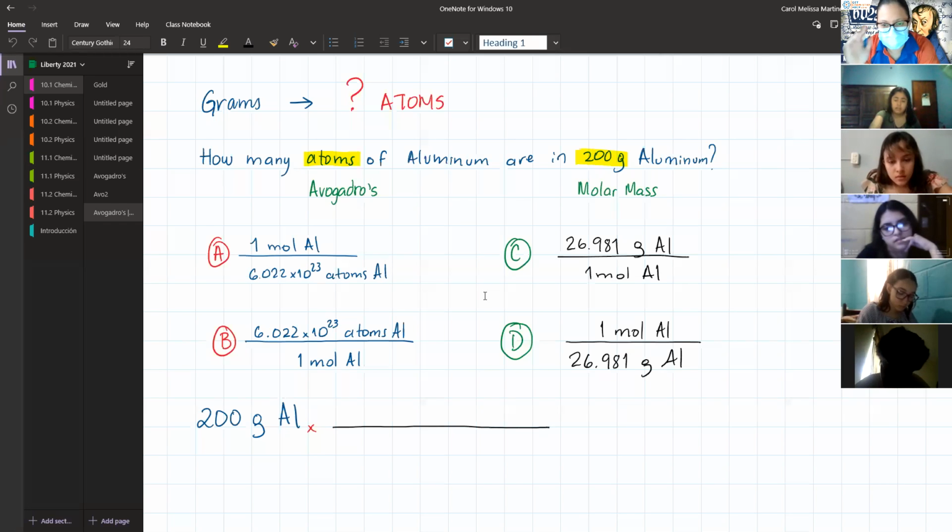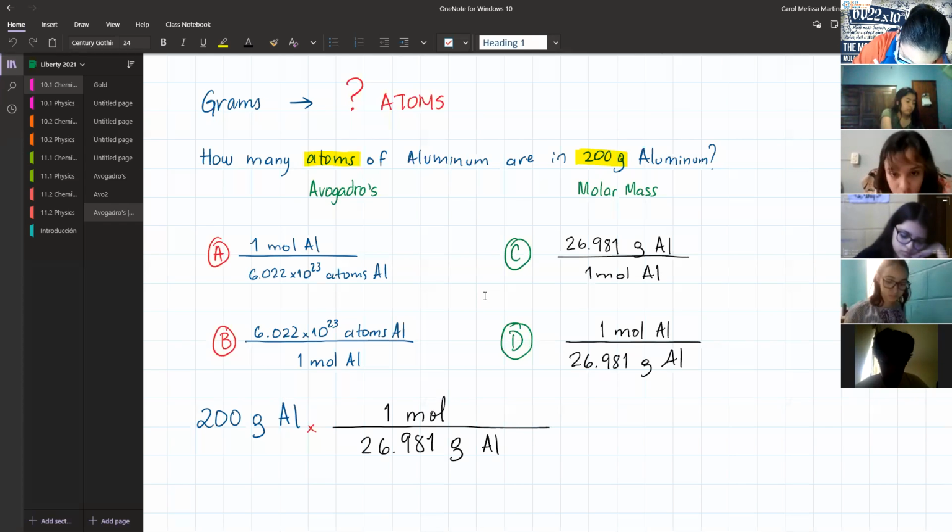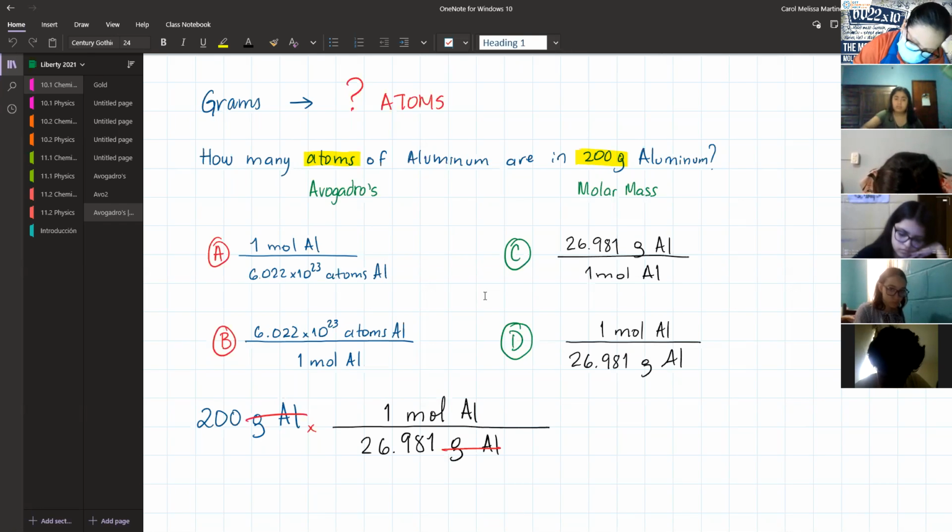D, because in D, I have grams below, okay? So yes, it is D, 26.981 grams of aluminum inside 1 mole of aluminum. Get rid of it, and you continue.